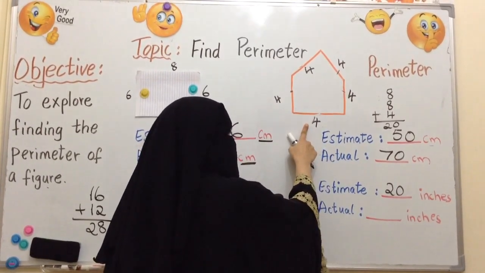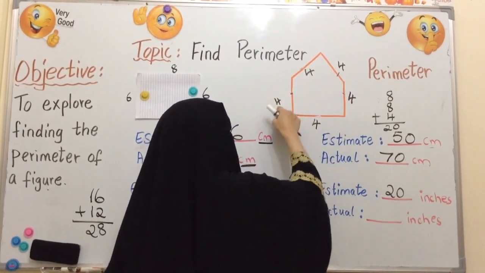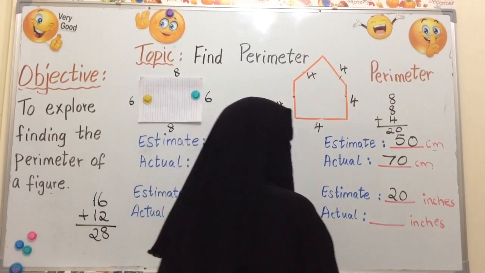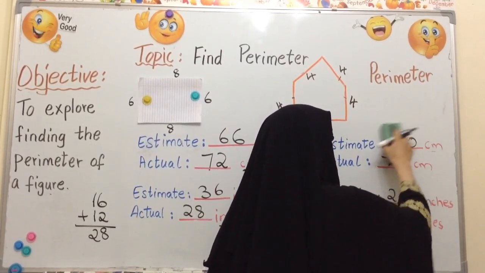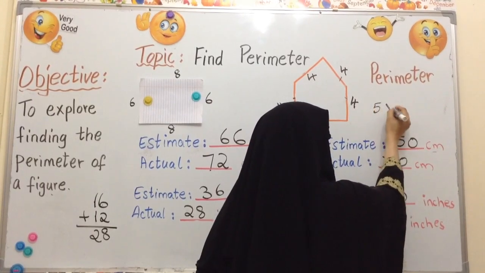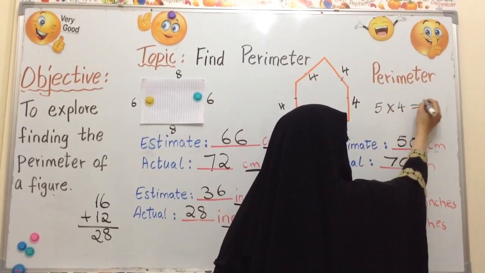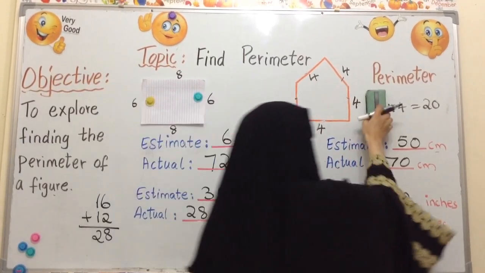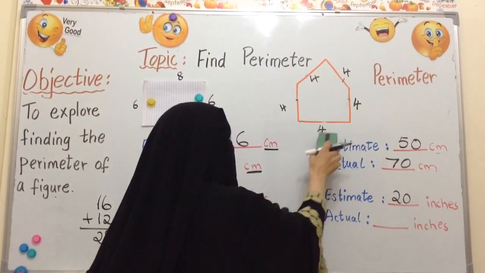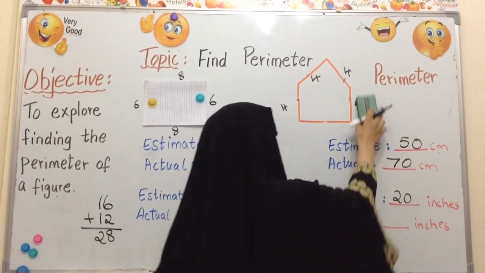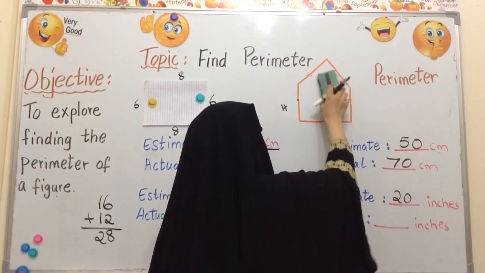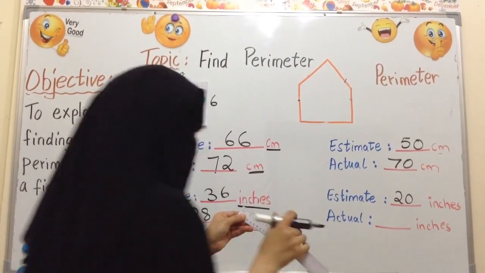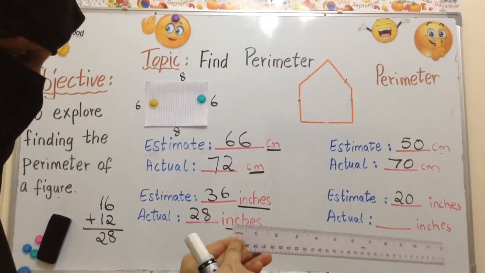Now when I am doing with multiply, 1, 2, 3, 4, 5, I have 5, 4 times. 5 multiplied by 4, you will get it as 20. So you can do either multiply if you have the same number, or you can add, you will get the same.